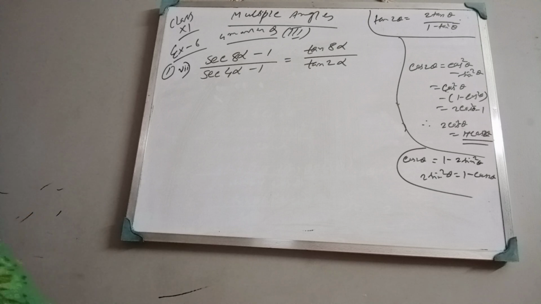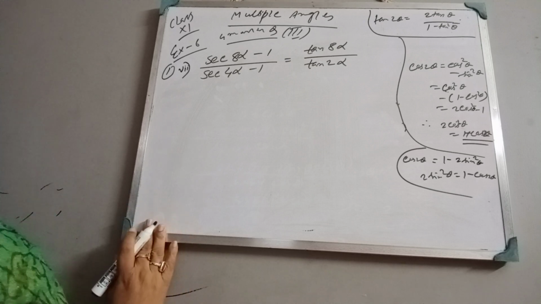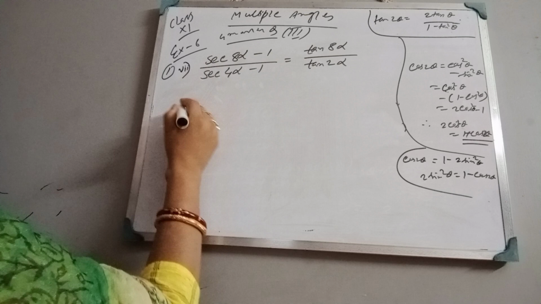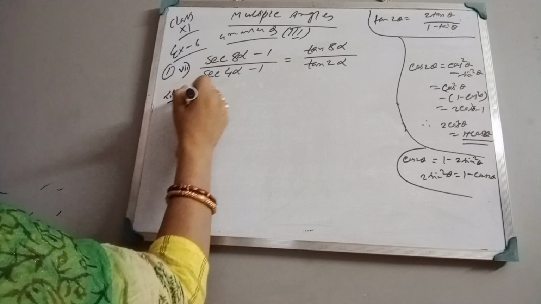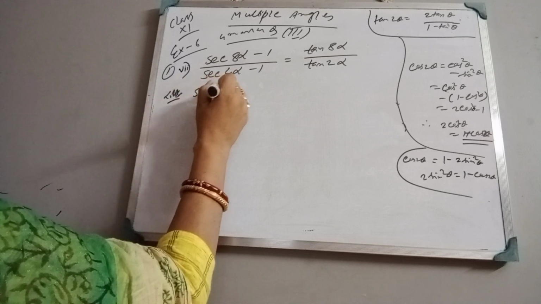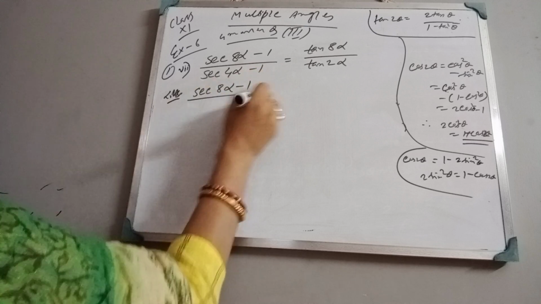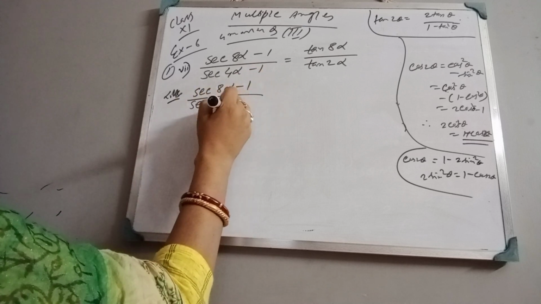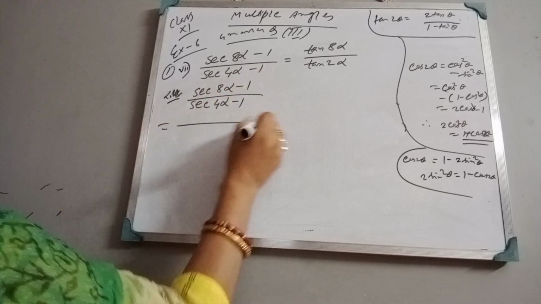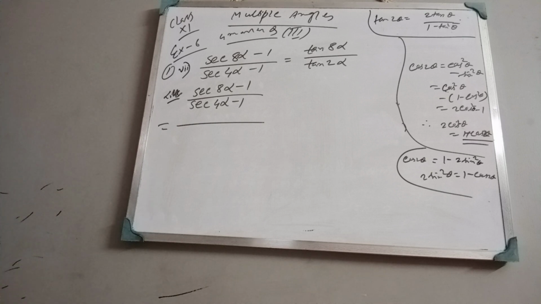Okay, that we have to prove. So let's start from the left hand side. Sec 8 alpha means 1 by cos 8 alpha.